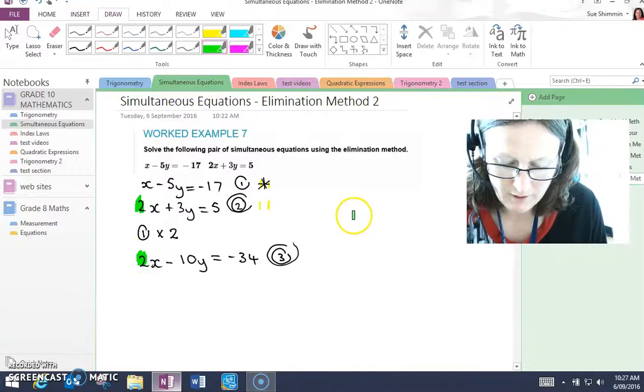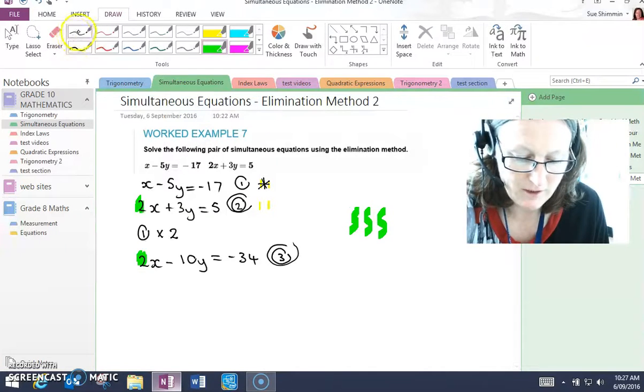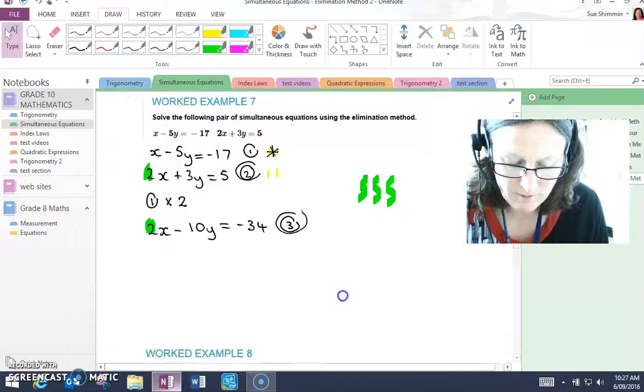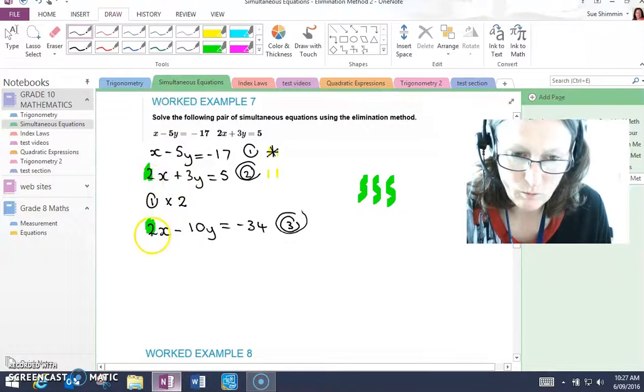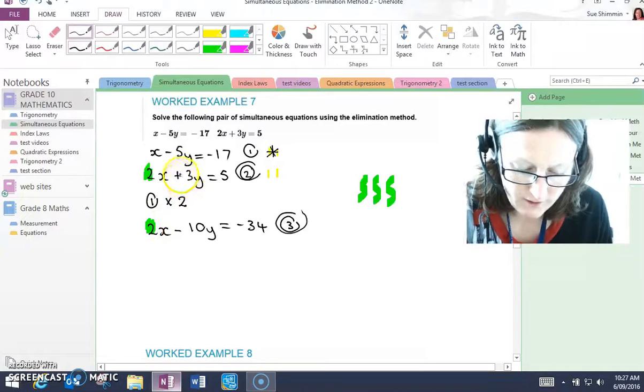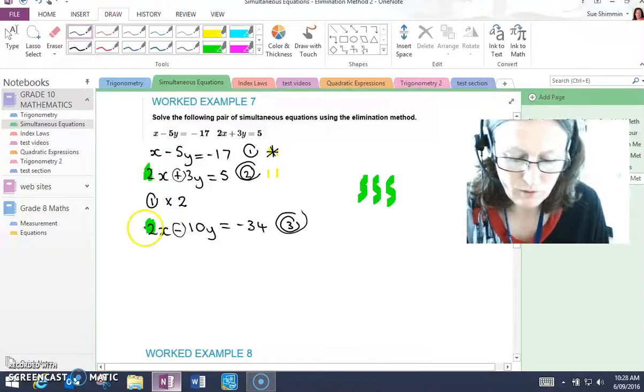Now let's remember, if that is the same sign, we subtract these equations from each other. And they do have the same sign. We're not looking at this sign here, we're looking at the sign with the 2. So don't get sucked in by this sign here and say, oh, those signs are different. It is the sign with the 2 that we're looking at, and it's both positive 2.